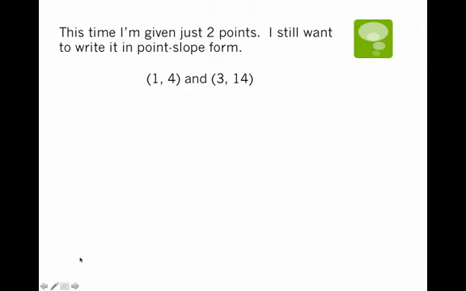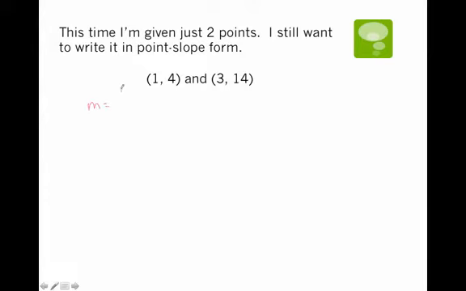So this time I'm only going to be given 2 points, but I still want to be able to use point slope form and then get myself to slope-intercept form. So I'm going to start by, I need point slope form, means I need a slope. So the first thing I'm going to do is use my slope formula.